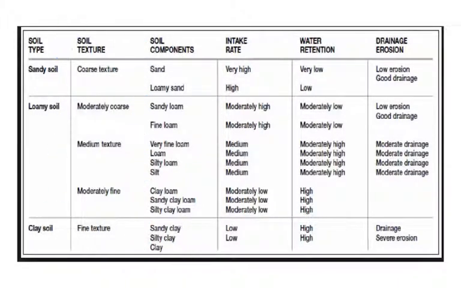When we do our lab, that's something we're going to be talking about. How does it feel? Is it coarse? Is it rough? Is it smooth? Is it like baby powder? And then the components. The components are the things that it is made up of. You remember, like I told you, we have three main types: sandy, loamy, and clay soil.